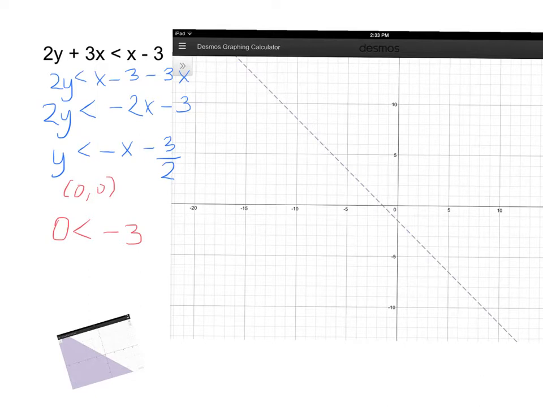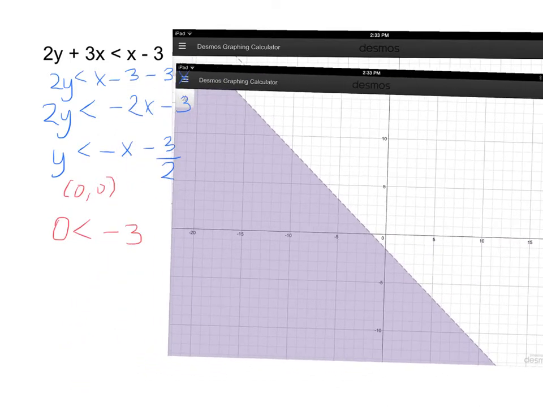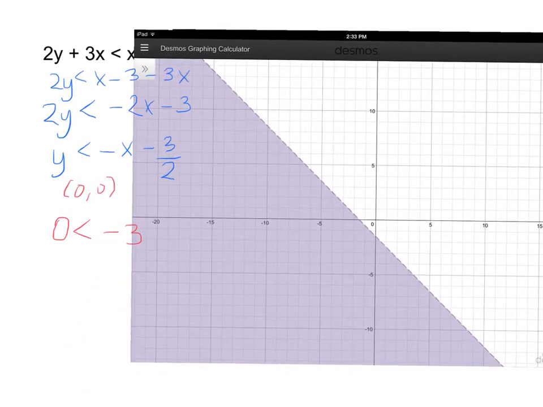That's false. So I'm not going to shade over here where 0, 0 is. I'm going to shade on this side, away from 0, 0. If this comes to a true statement, then I will shade 0, 0. If it comes to a false statement, I won't. So when you do the shading, this is what it looks like. Away from 0, 0.